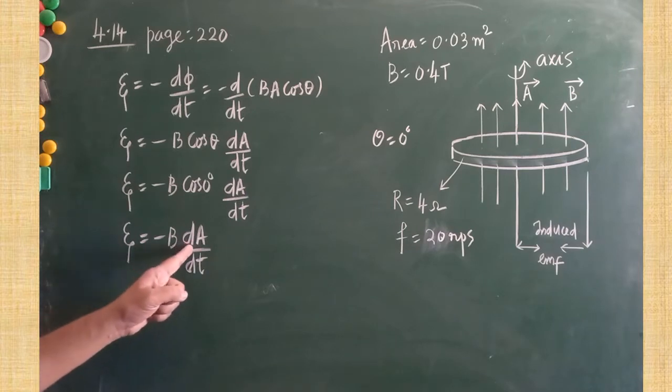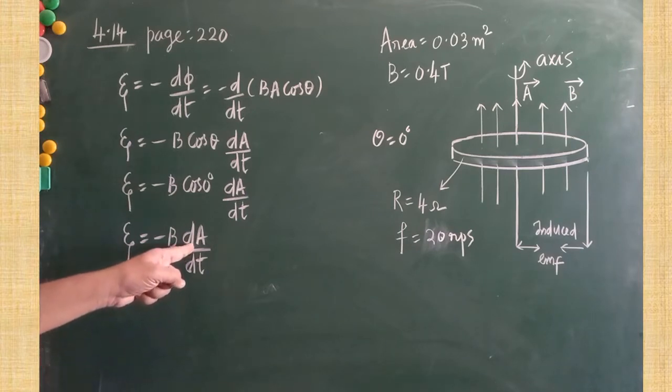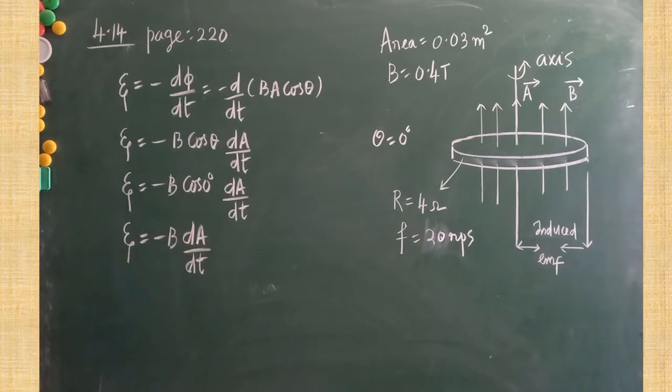First you should know what dA by dt is, and how to calculate it. In the problem, you are asked to calculate the rate of change of area, dA by dt. How to do this? One important formula must be learnt.